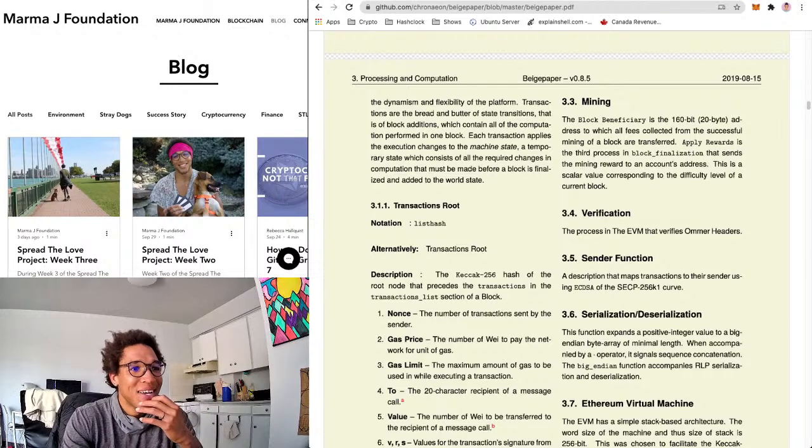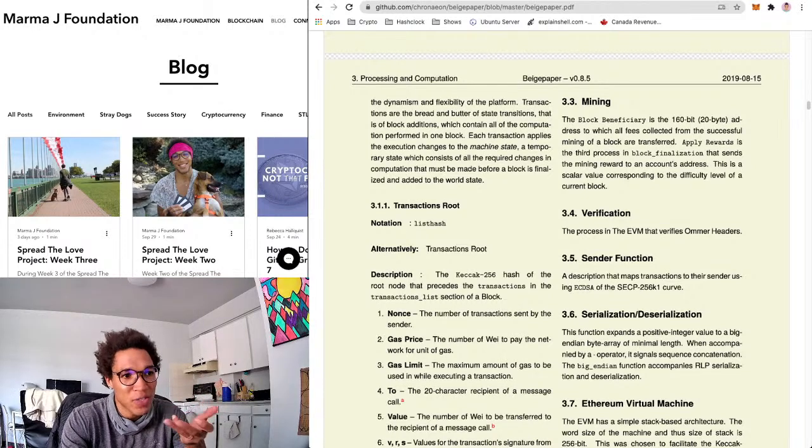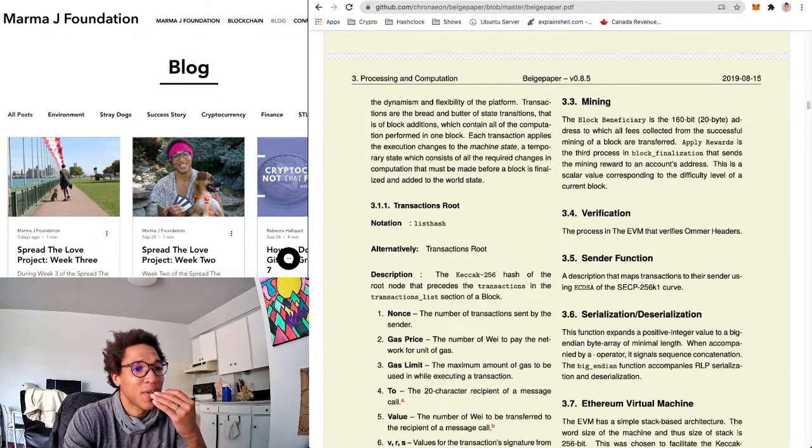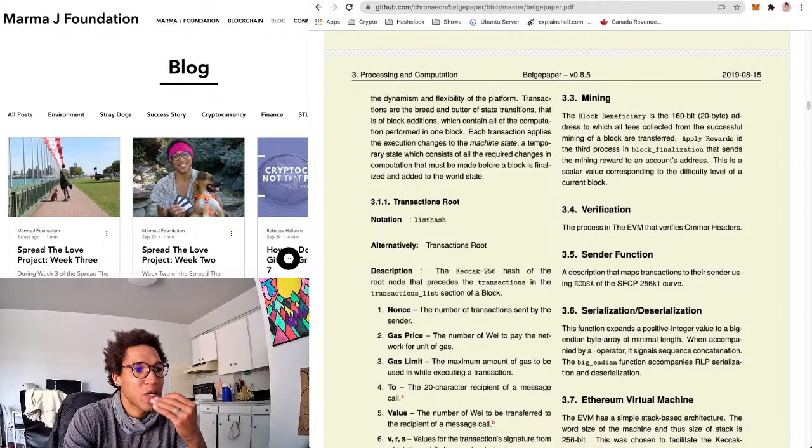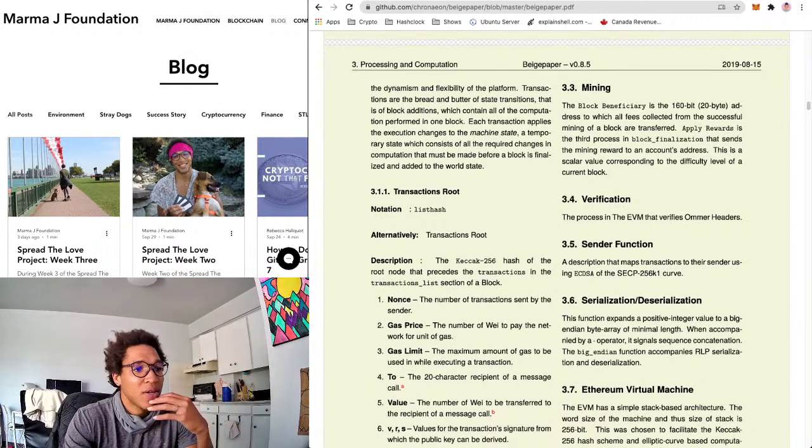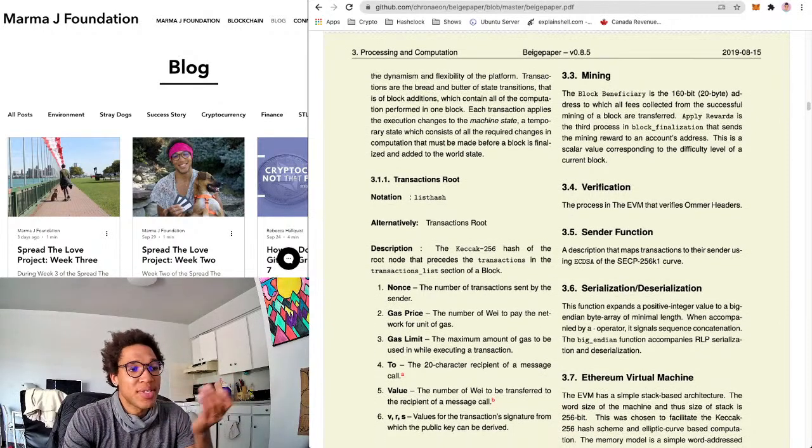Anyways, to mining, the block beneficiary is the 160-bit, 20-byte address to which all fees collected from the mining of the block are transferred. So again, you can have a block beneficiary. Yeah, this is a scalar value corresponding to the field of the current block. Okay, so just telling you that you can send the block rewards to an address.